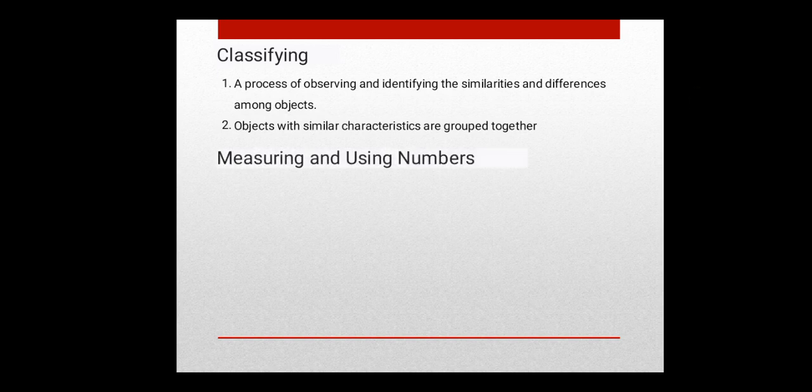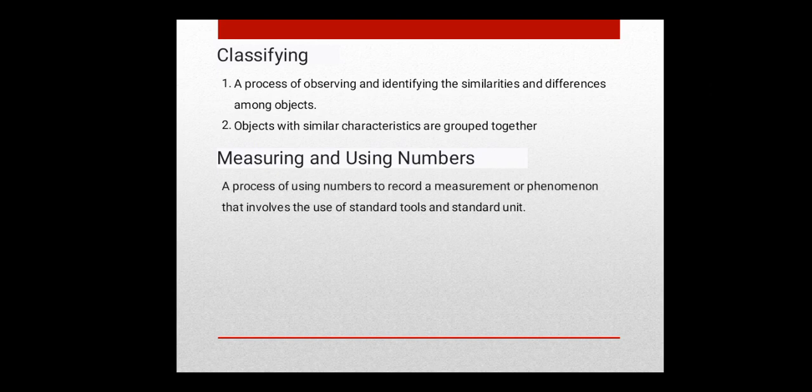The third skill is measuring and using numbers. As you know, science and mathematics, of course, must use numbers, and then we must measure. We want to know how much. It is the process of using numbers to record measurement, involving the use of standard tools and standard units.